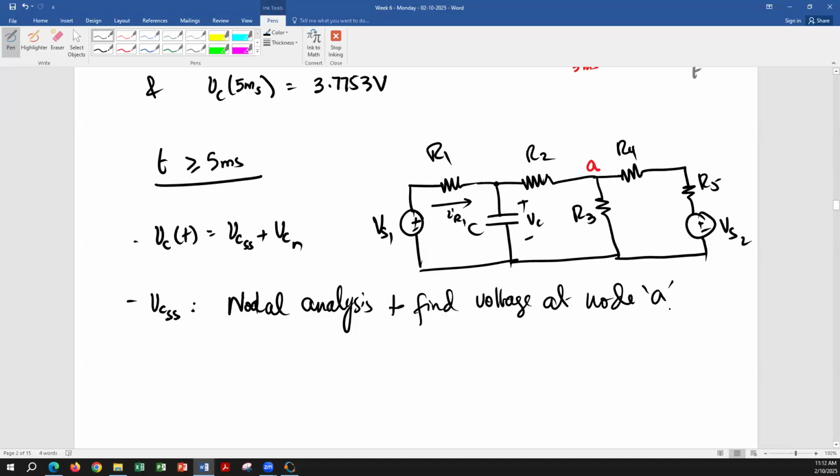It's going to be two equations here. So I'm going to keep IR1. So IR1 is going towards, let's assume my IR3. And let's assume my IR4. All right, KCL at node A.